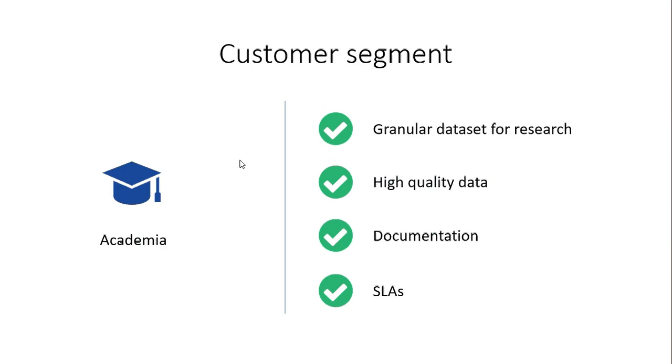The next customer segment I want to talk about is academia, where they don't have strict constraints on the time in terms of the timely deliverable of your open data sets, but instead they're very focused on, can I get access to the granular data set for research.